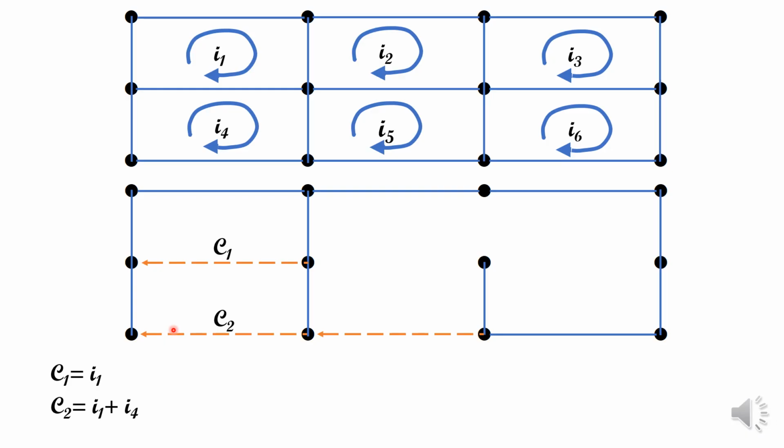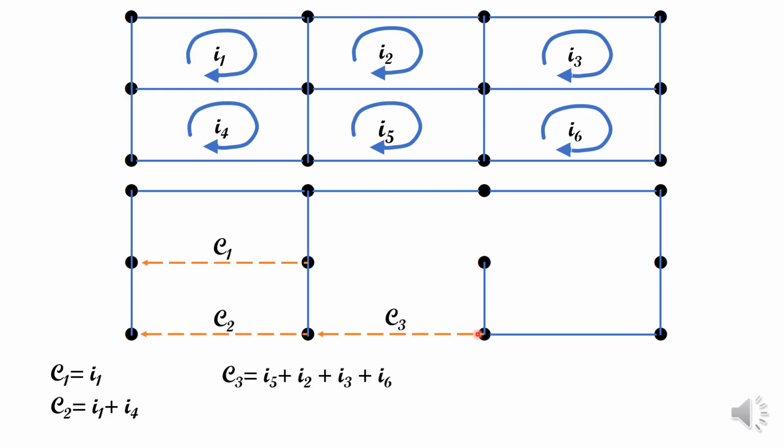Similarly, if I take this edge that was removed to form the spanning tree with this orientation, together with the edges in the spanning tree, it forms a cycle which we call C3. It goes along here, here, here, here, here.